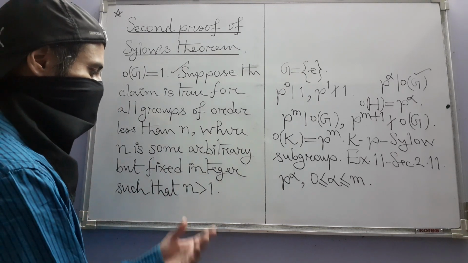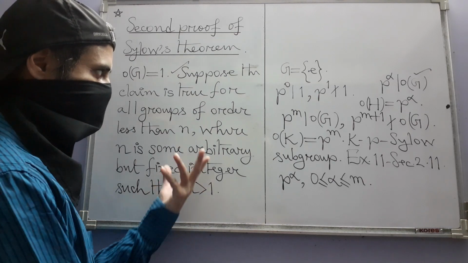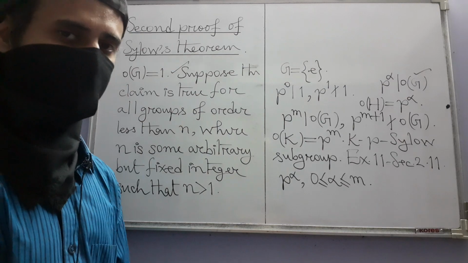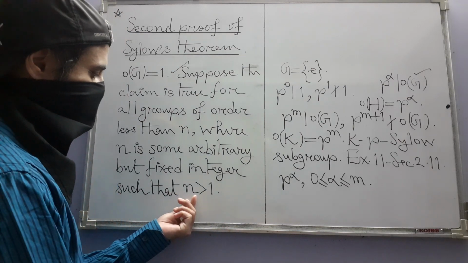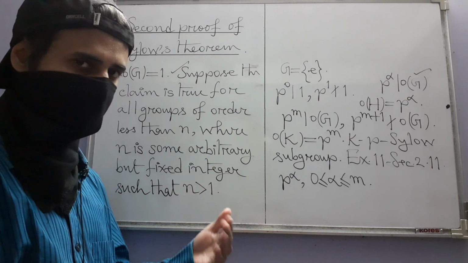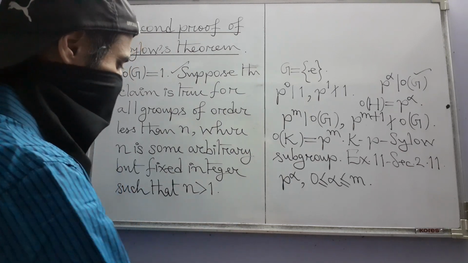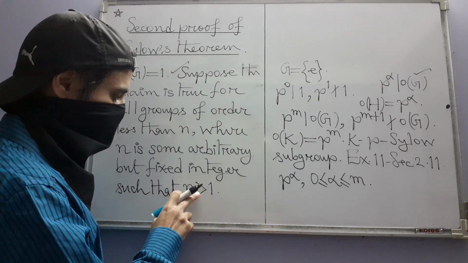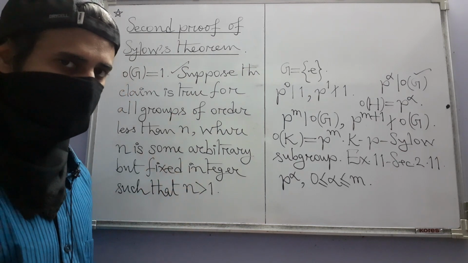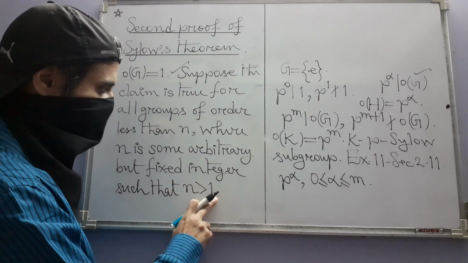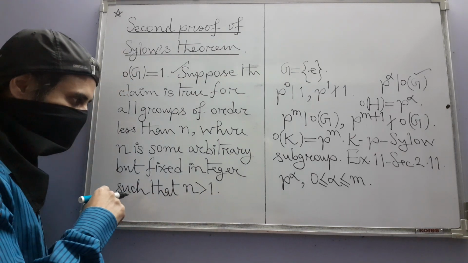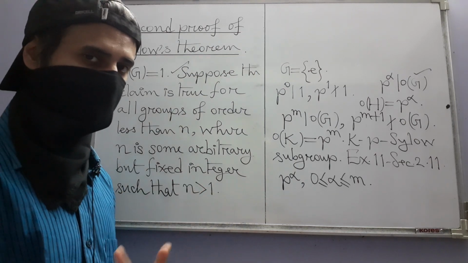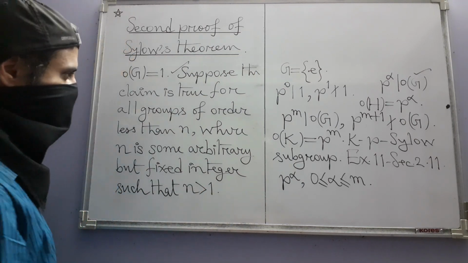Okay, so that means n is some arbitrary integer, but n is greater than 1, so that we have some room below n. And our induction step is going to prove the thing for n. So that's why we are assuming this condition. And for any group having order less than n, the claim is true.